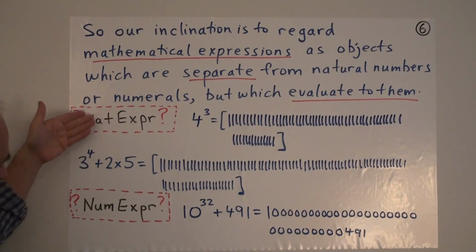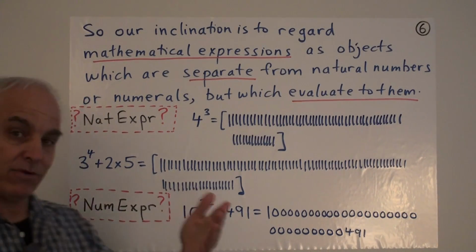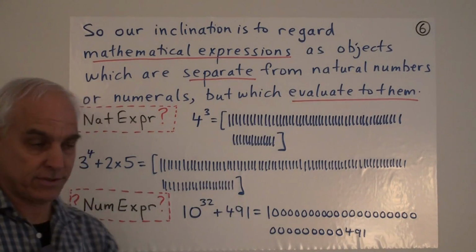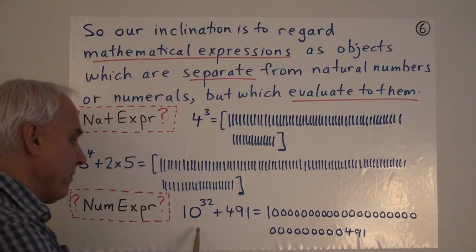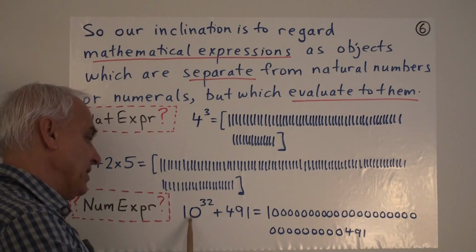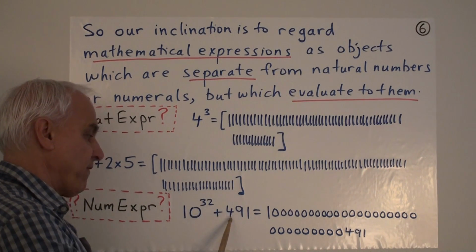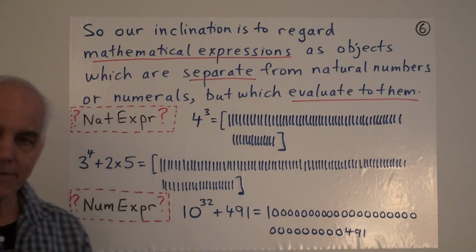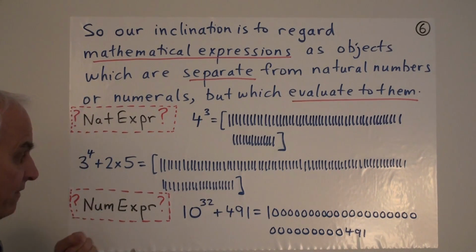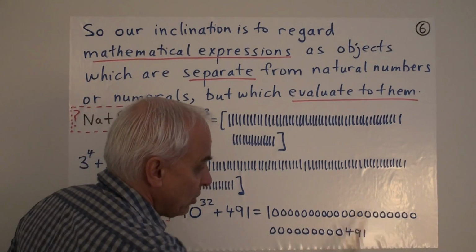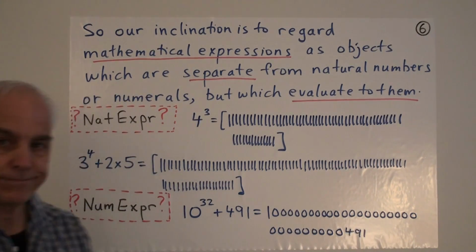And then we could do the same kind of thing, but go up one level to the Hindu-Arabic numerals. And we could talk about, say, num expression, where we're now allowing bigger expressions, like maybe 10 to the 32 plus 491. This then could be a shortcut for this Hindu-Arabic numeral.